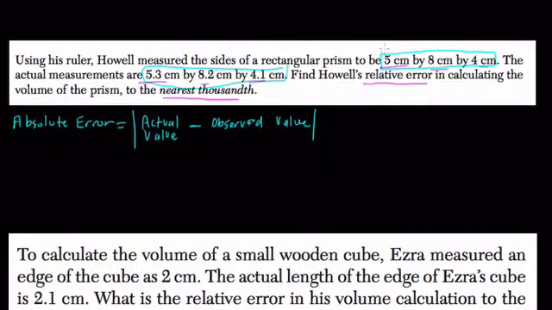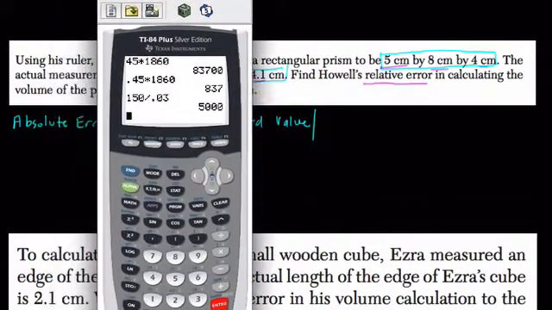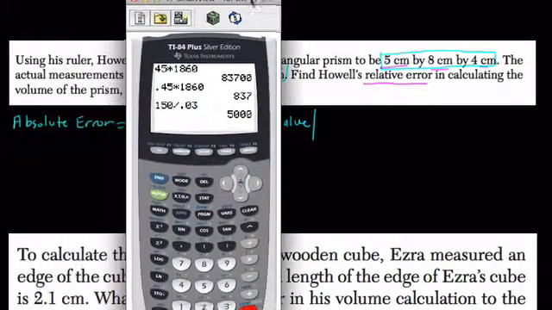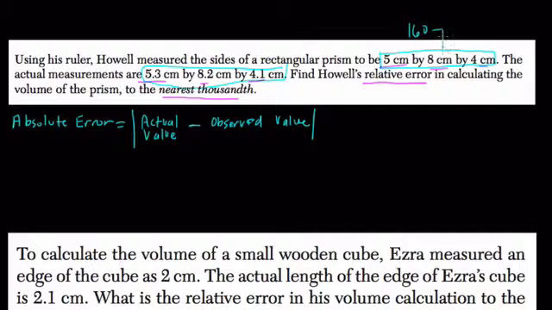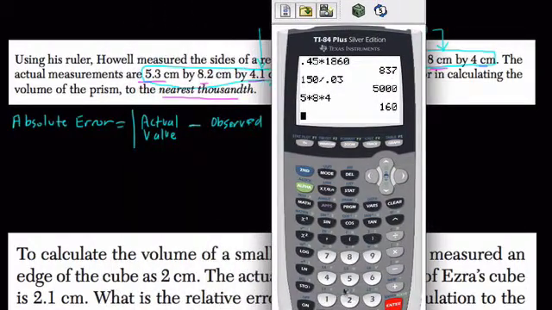So here, what I'm going to do is actually calculate the volume of the observed values. So we get 5 times 8 times 4, and that's just 160. So this person got 160, and they should have gotten this number right here, which is 5.3 times 8.2 by 4.1.